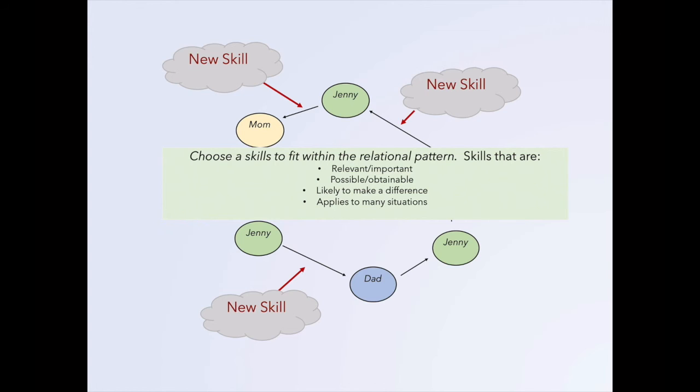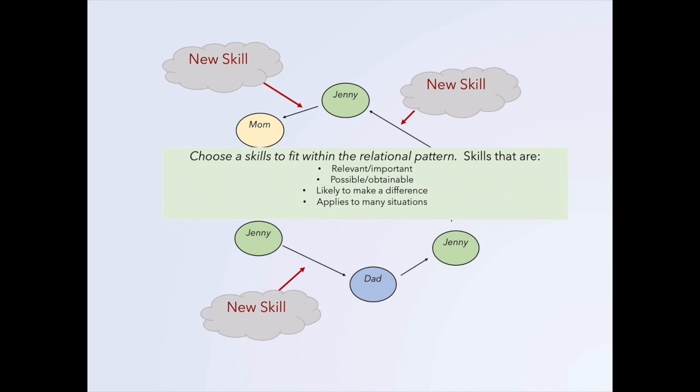So what I mean is imagine that between Jenny and mom, there is a new skill that you can add, and that skill is for mom to speak a little less quickly and listen and respond to Jenny with an acknowledgement rather than a disagreement. That's a communication skill. That skill, once introduced at that point when it happens, will then change Jenny's next response and the rest of the pattern.